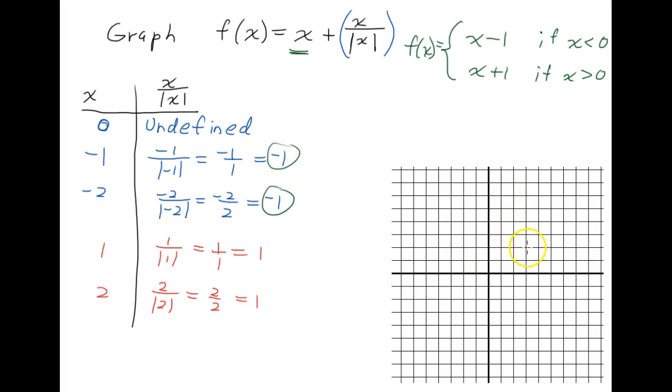So when x is greater than 0, that is an open circle because 0 is not included, then we have x plus 1 if x is greater than 0. That looks just like this. If x is less than 0, we have x minus 1. All right.